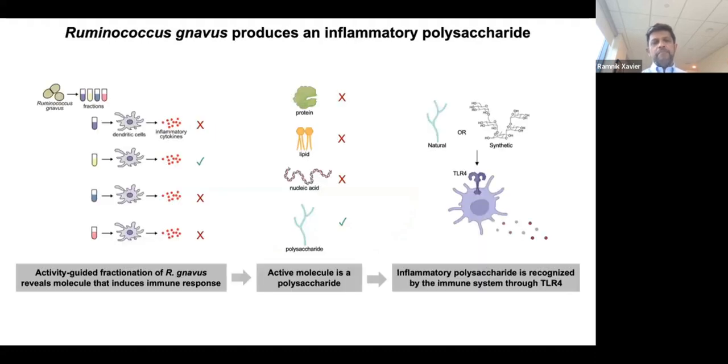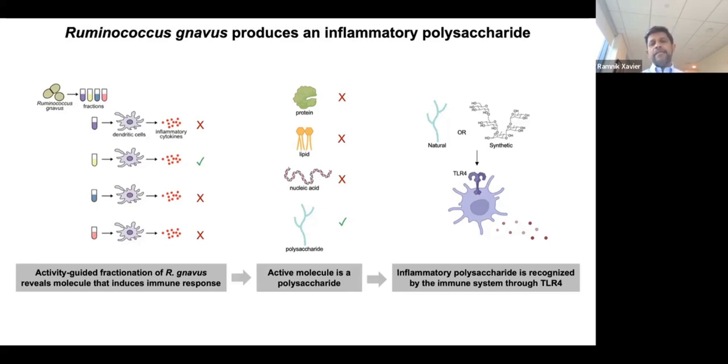What we do is we take the bugs that come from these individuals, break them down into various fractions, put them on immune cells, and ask whether they make certain cytokines. Do they make cytokines that are inflammatory in nature, something like TNF alpha, or anti-inflammatory in nature like IL-10?